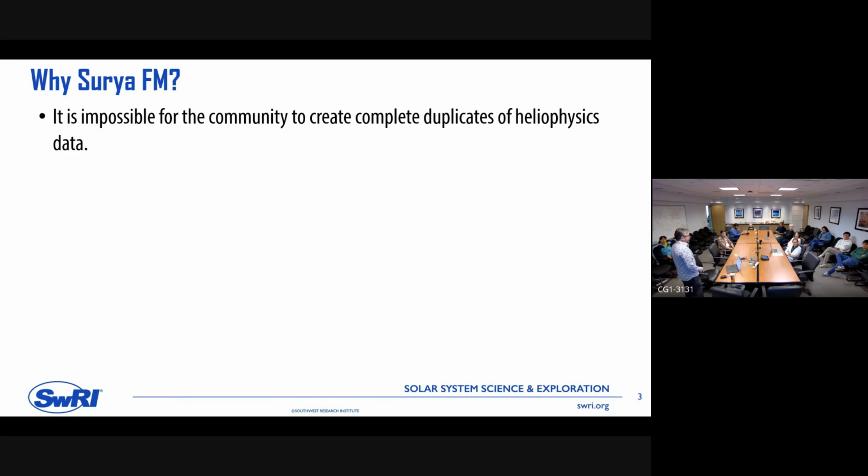One of the motivations is that we have a lot of data, but it's hard to replicate it. It is hard to create mirrors, like for every institution to have a mirror of SDO. Every single piece of data that SDO has taken, to have it in-house at HAO, in-house at CU, in-house at Stanford, in-house at the CfA. So it is hard.